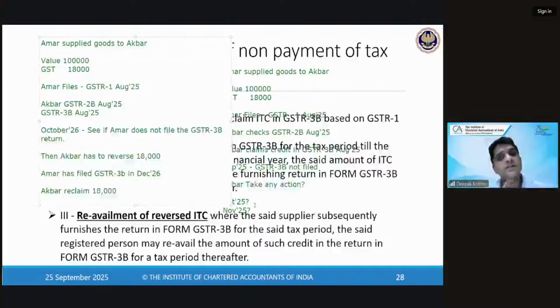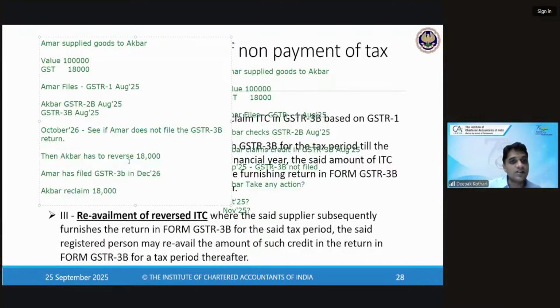Sir, if Akbar reversed it before October 26 and Amar filed in December, the interest will be applicable? Yes. So it is to our benefit not to reverse till October 26. Exactly. So that's why the government has given maximum time. If you reverse it before that, the loss will be yours because the government will not refund you the interest portion.